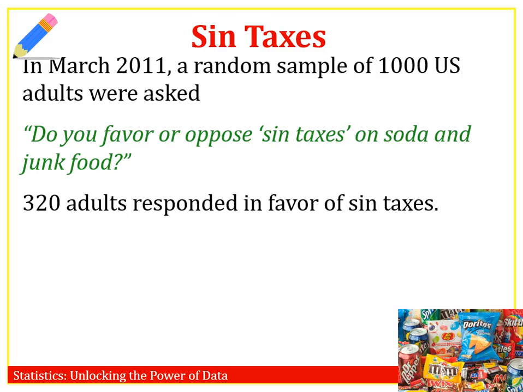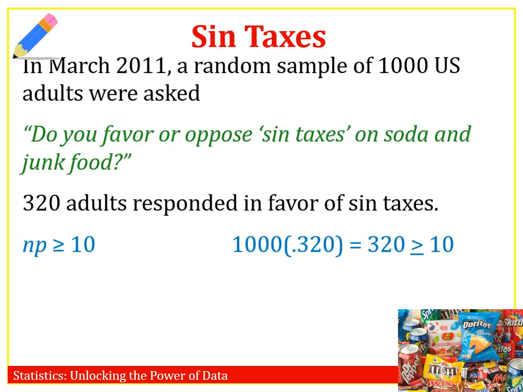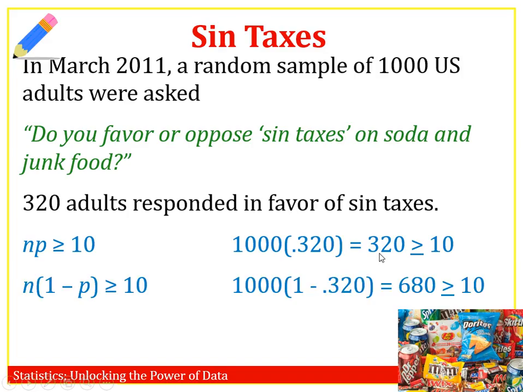So, the first thing we have to do is see if we're greater than 10. We take n, our sample size, which was 1,000, times p, our probability, which is 320 divided by 1,000, so 0.320. Multiplied together, we get 320, which is greater than 10.